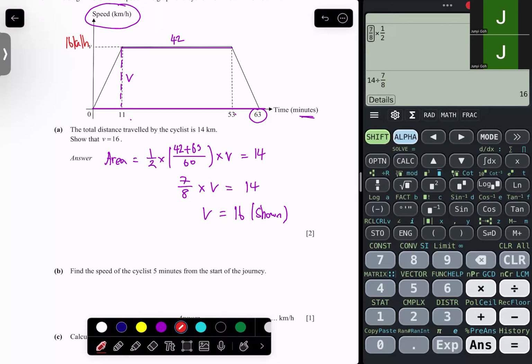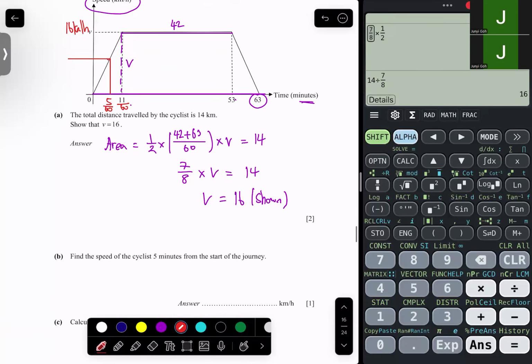This is supposedly 5 minutes. I'm supposed to get the time here, so now this is over 60.